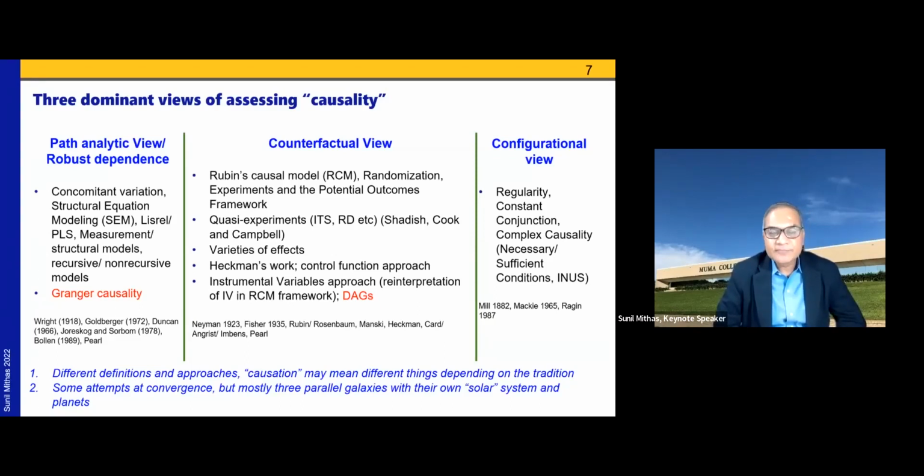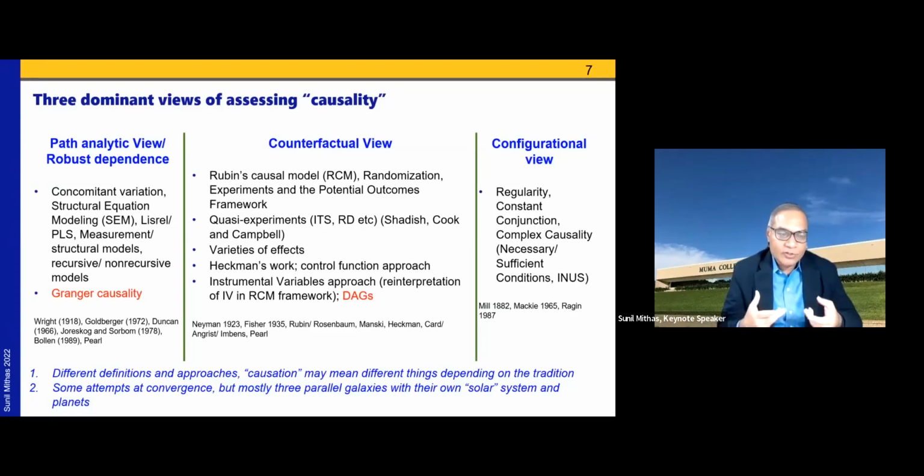The first of these views, we give them a shorthand title called path analytic view. Some people call it correlational view. There are other names like robust dependence. So different authors call them by different names. But basically the idea here is that we are trying to extract causality from correlations, from covariances.